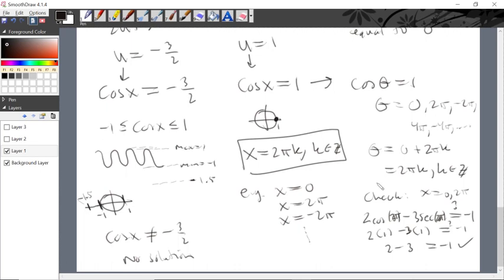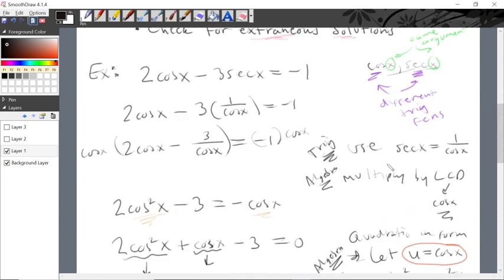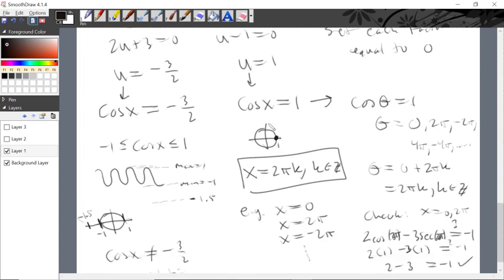All of those steps are algebraic techniques. The trigonometric techniques included the use of an identity. Here we had a reciprocal identity, and being able to solve a trigonometric equation, which is the basis of what we did in section 6.1, solving basic trigonometric equations, using the underlying geometry to find the quadrants where we might find solutions, or the underlying geometry tells us when we wouldn't have a solution to a trigonometric equation, for example.